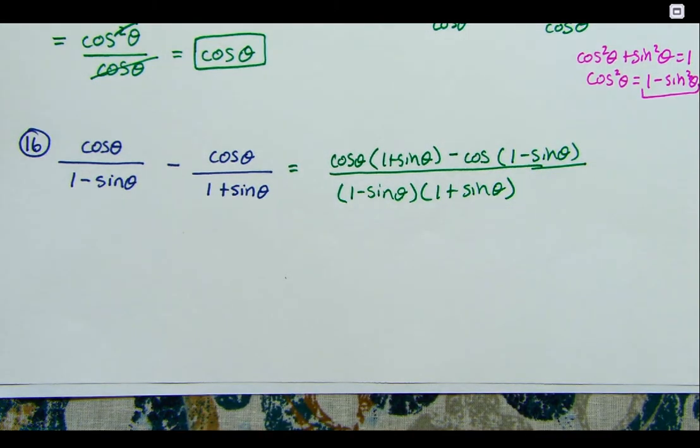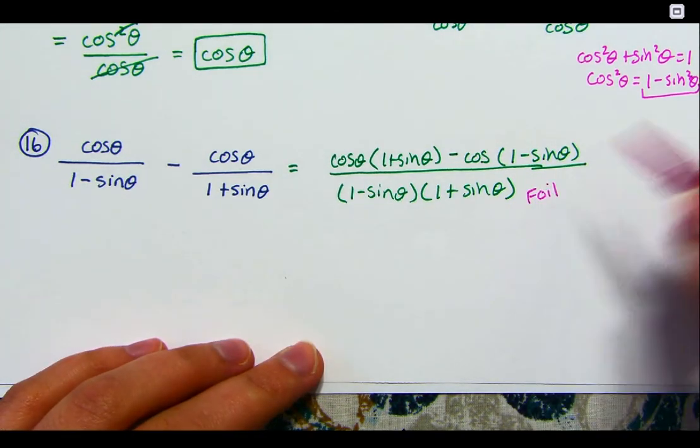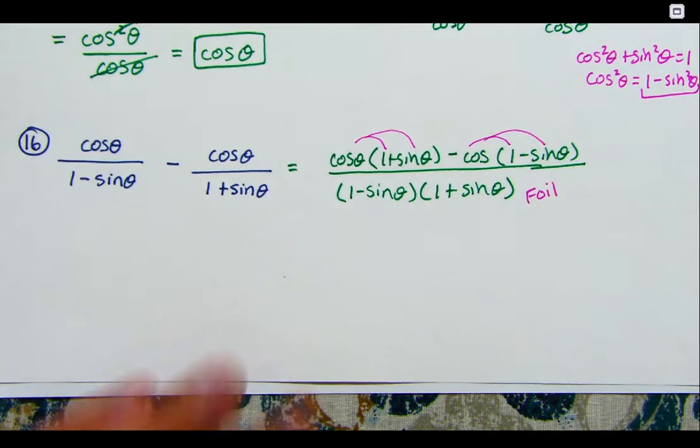Okay. So what I'm going to do next is we're just going to simplify. So in the bottom, we are going to FOIL. And then up in the numerator, I'm going to distribute. Okay.